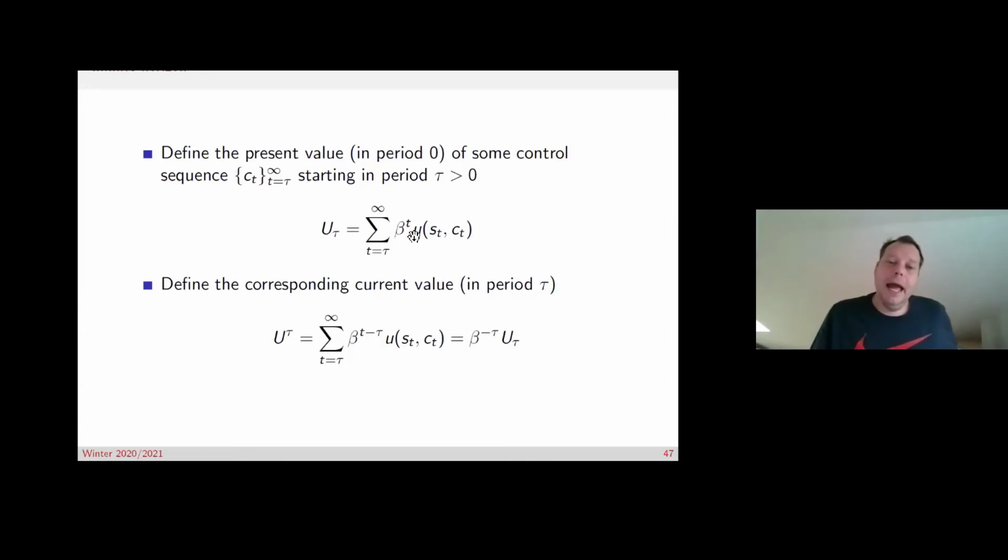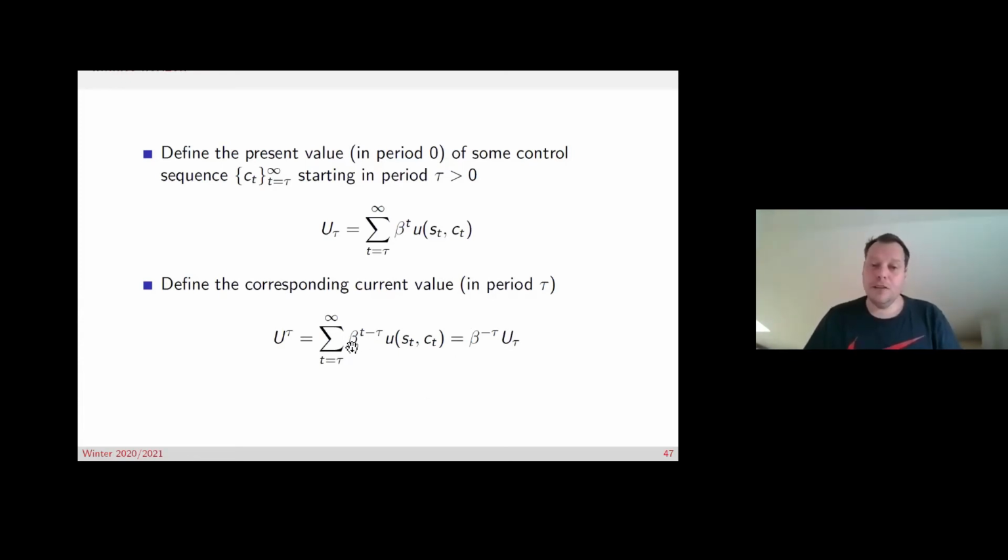Okay, and you could do the same basically with a situation saying, okay, suppose that I'm not in 0, but I could travel forward in time, into being in 5 years. What would then be the value of this sequence that I've chosen?